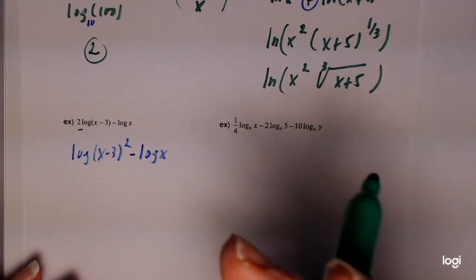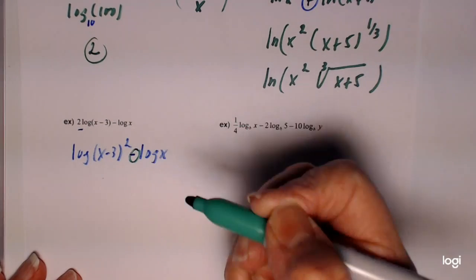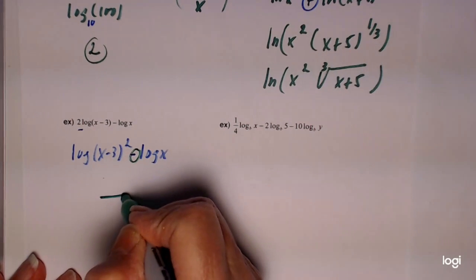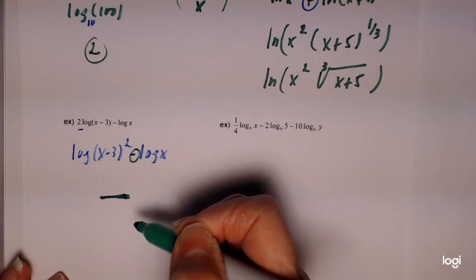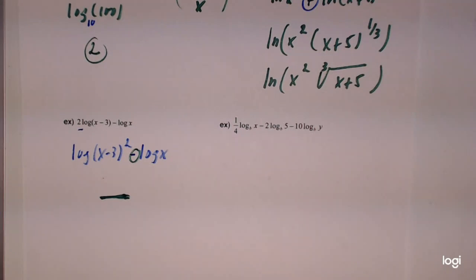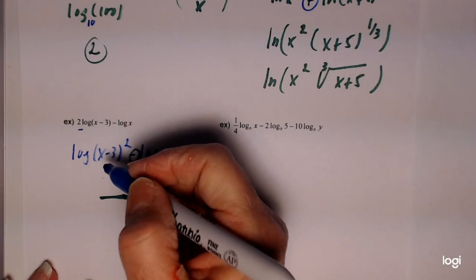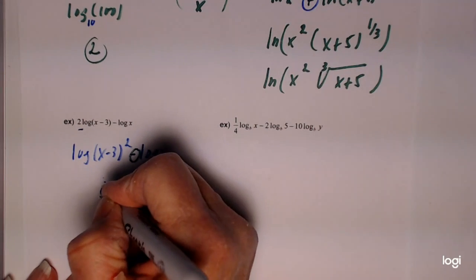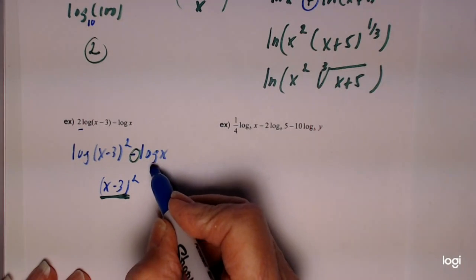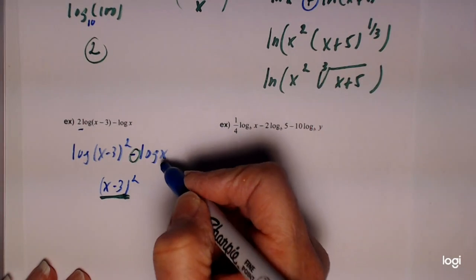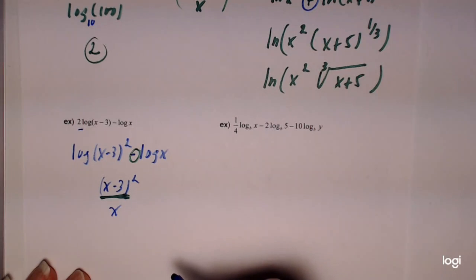And seeing this subtraction, that means we're going to have a division, which we represent as a fraction. So the (x minus 3) squared goes in the numerator, and now this log x, the x, goes in the denominator.